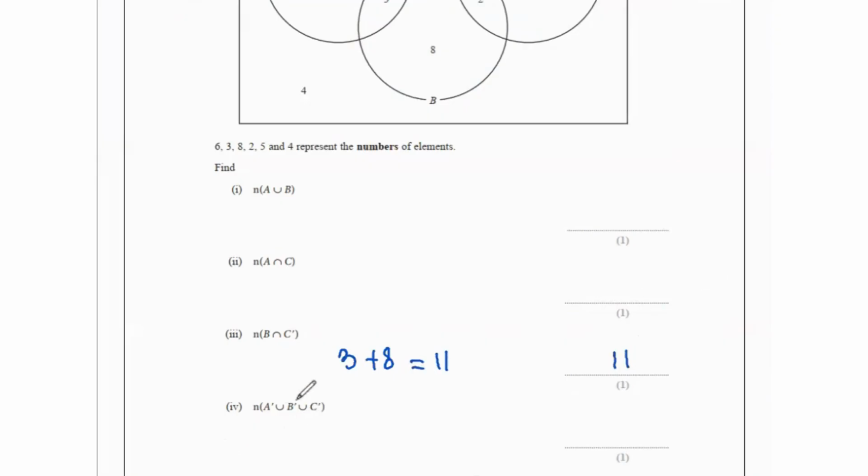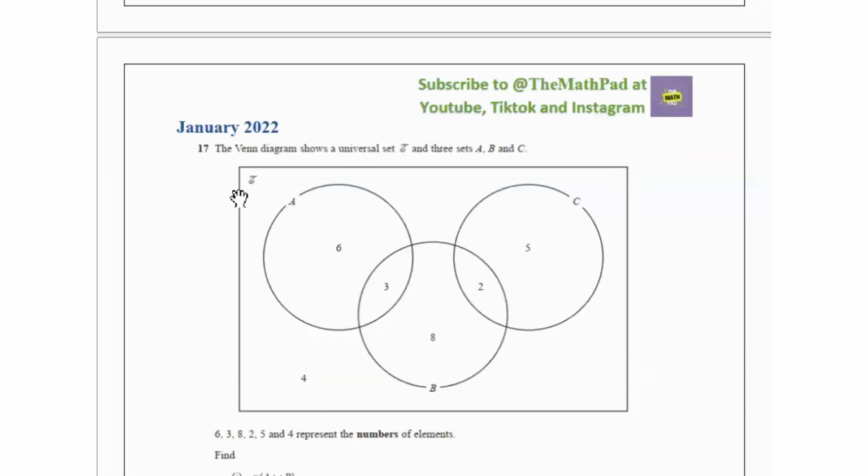And then lastly, number of A complement union B complement union C complement. So A complement is all of these.